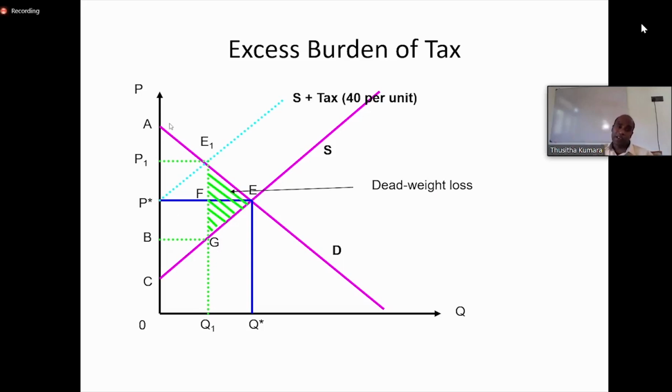So now we have A, E1, P1 as the consumer surplus, P1, E1, GB as the government revenue, BGC as the producer surplus.